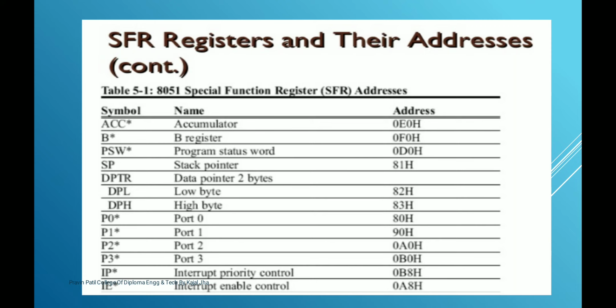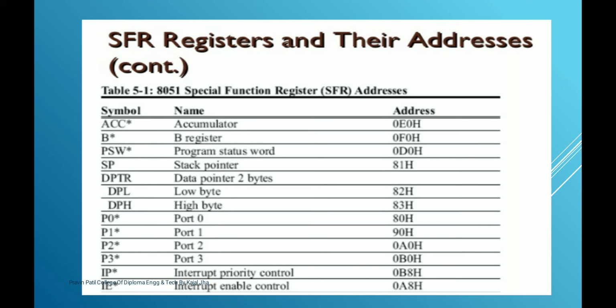Port 1, P1, has address 90H. P2, port 2, has address 0A0H. P3, port 3, has address 0B0H. Then IP, interrupt priority control, has address 0B8H. After that, IE, interrupt enable control, has address 0A8H.